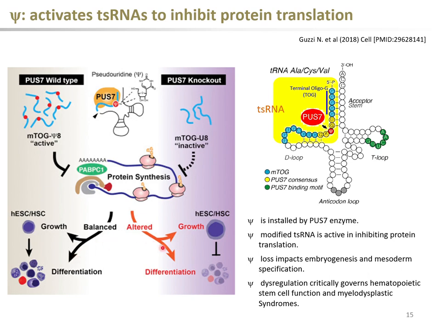The loss of pseudouridine modification impacts embryogenesis and mesoderm specification, and causes dysregulation that critically governs hematopoietic stem cell function and myelodysplastic syndromes.